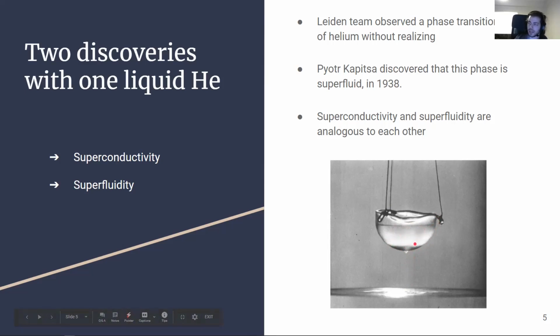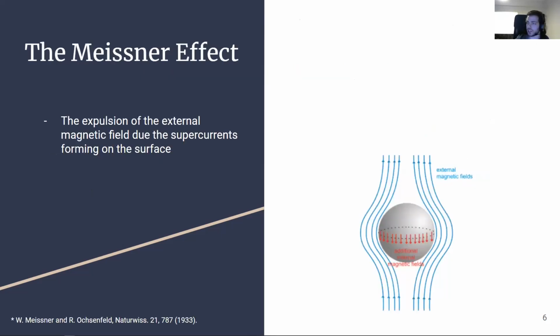It also has zero viscosity, and this is the way they're analogous to each other. In one way, the superconductor has no resistivity. The charge carrying particles inside the superconductor have no resistivity, and in superfluids, the viscosity is zero. So the resistivity to flow is zero. But as I said, we will see this is more than an analogy.